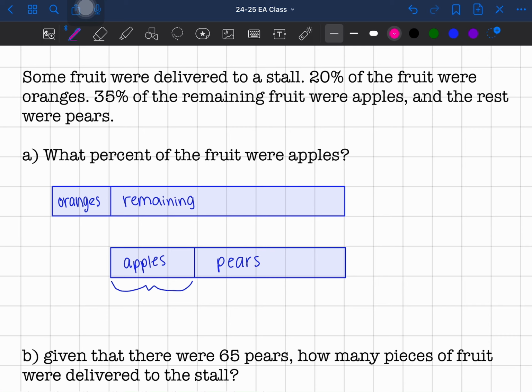So you should have that the oranges are 20%, and that means that the remaining is 80% because 100% minus 20% equals 80%.